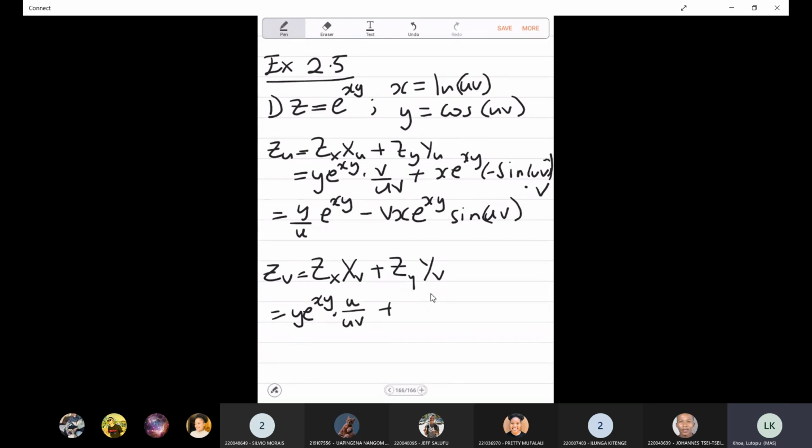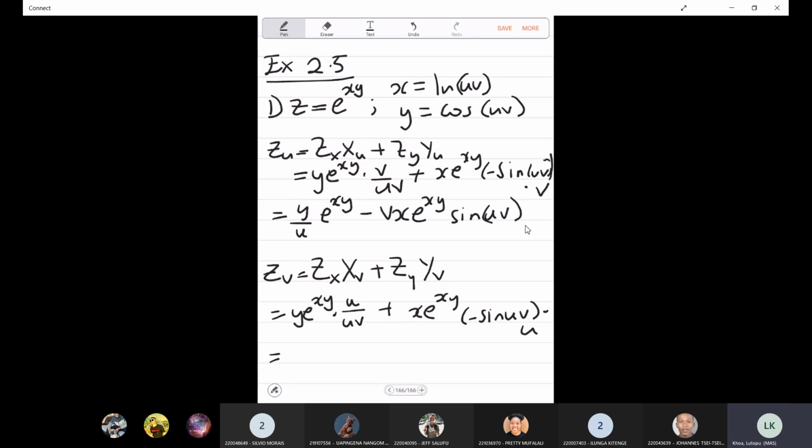And then z with respect to y, we differentiated it, it's there. So we have x e to the power of xy. And then y with respect to v, this is minus sine of uv, and then we multiply by the derivative of uv, which is u.